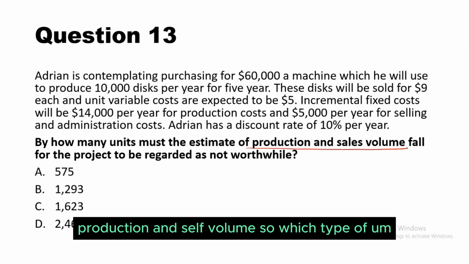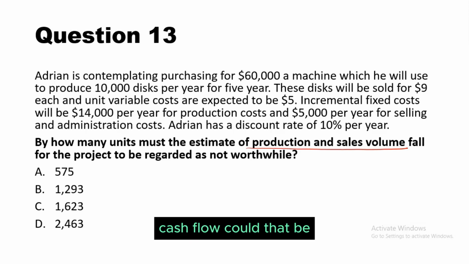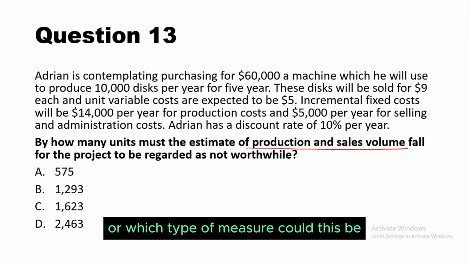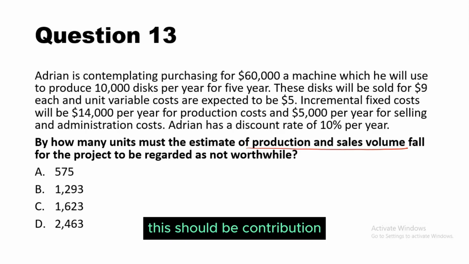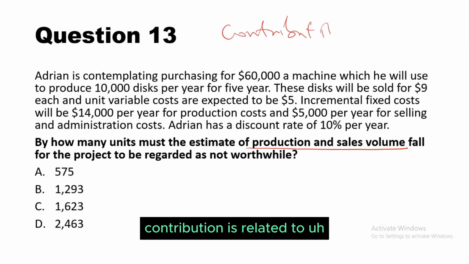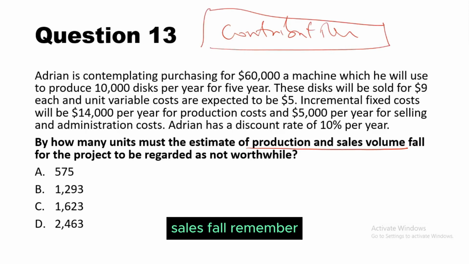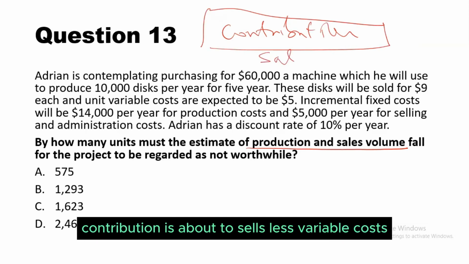So which type of cash flow, or which type of measure could this be? Obviously, this should be contribution. Contribution is related to sales volume. Remember, contribution is equal to sales less variable costs.